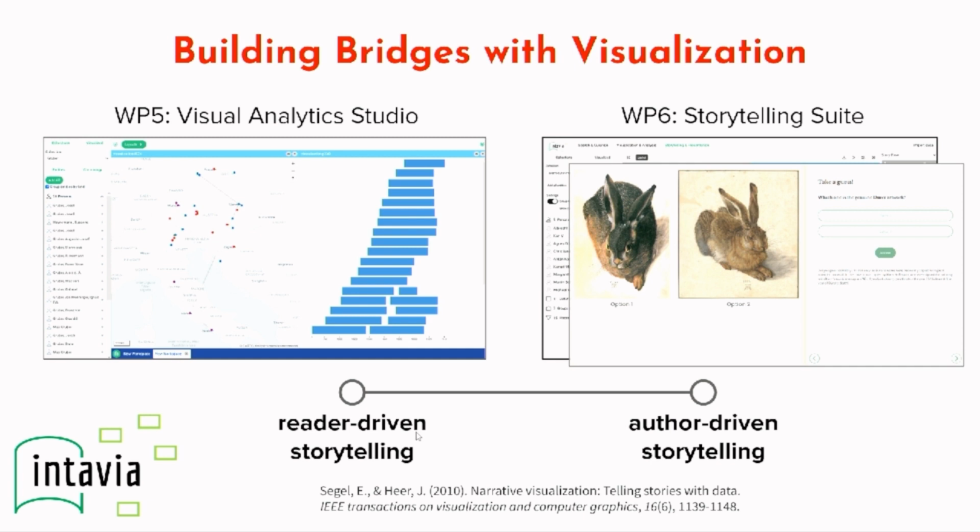So quite reader-driven, because I have all the opportunities. Author-driven storytelling is when a domain expert, for instance, designs a story and has a clear, straight path for the consumer to get the story.